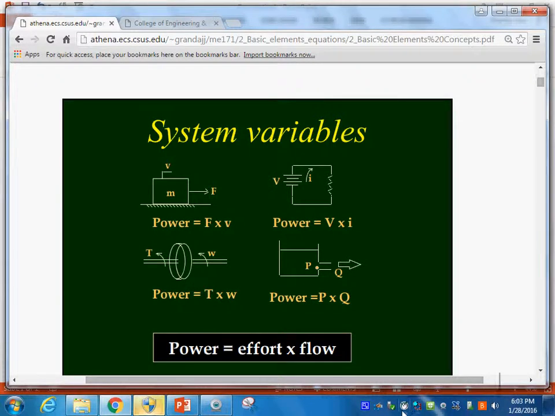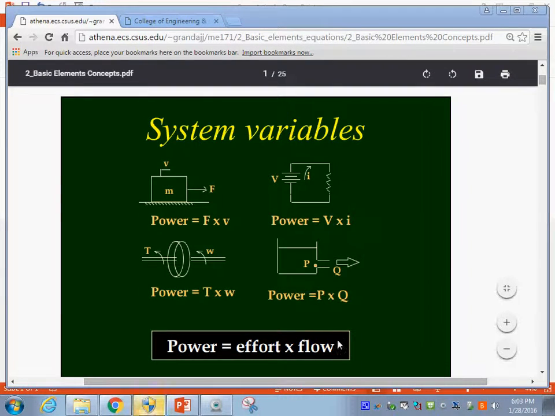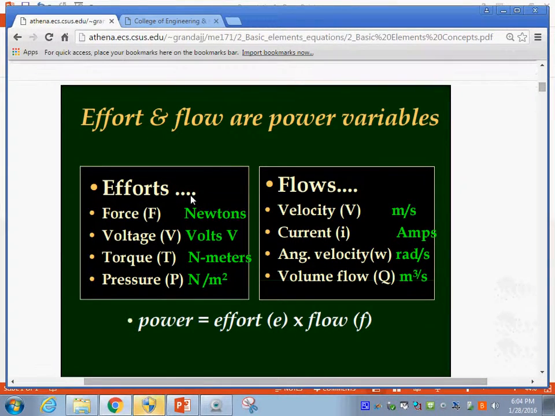Perhaps, let's see over here, that would be a little easier. When you have it in the mechanical domain, you measure the force in newtons, the velocity in meters per second.